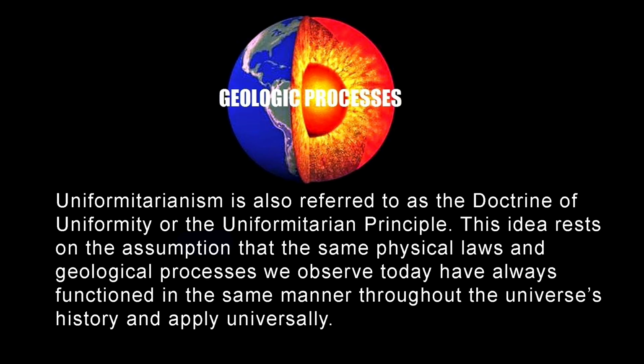Uniformitarianism is also referred to as the doctrine of uniformity or the uniformitarian principle. This idea rests on the assumption that the same physical laws and geological processes we observe today have always functioned in the same manner throughout the universe's history and apply universally.